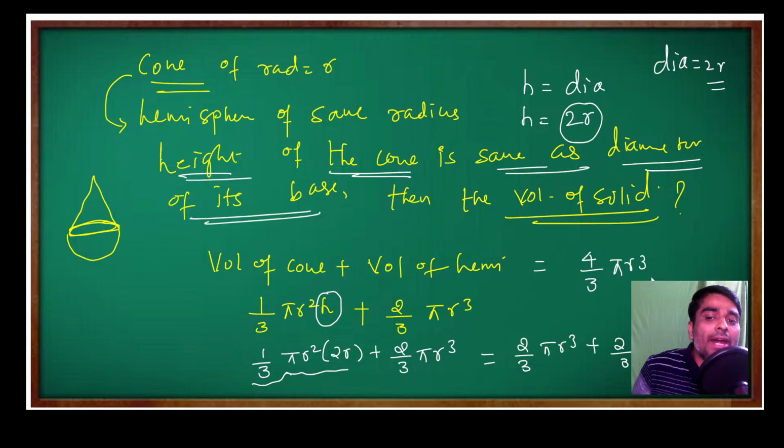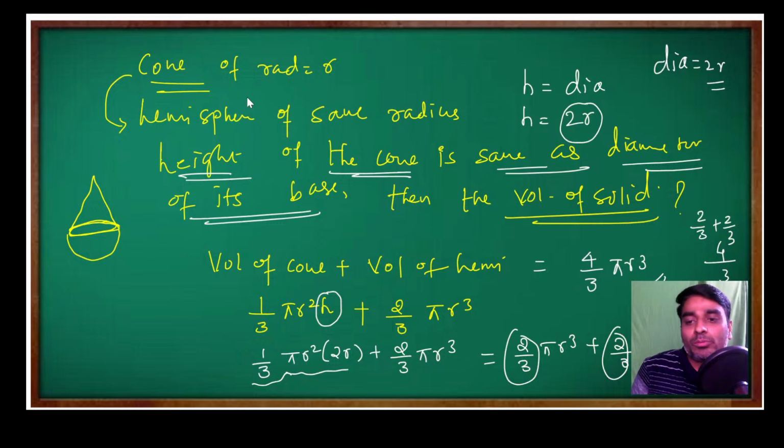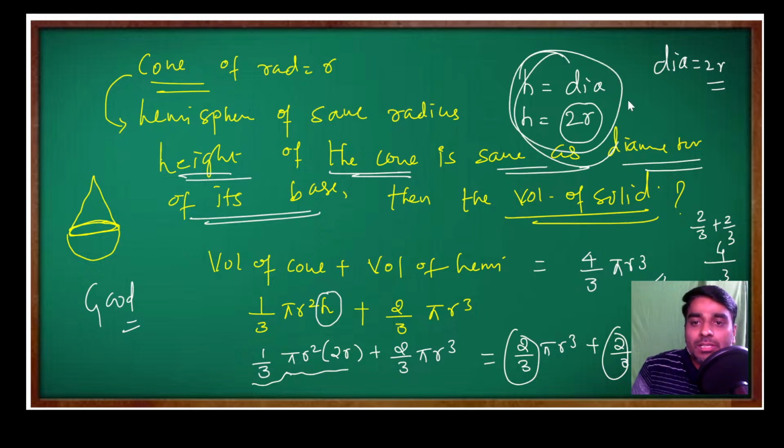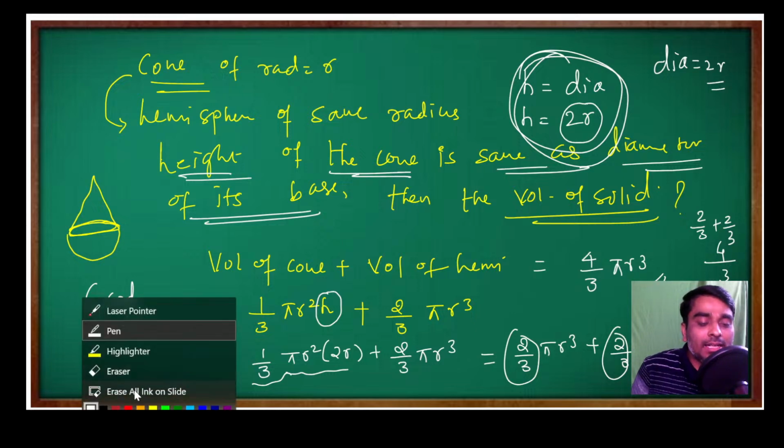I just need to add them. 2 by 3, 2 by 3 will be 4 by 3 pi r cube. This is a good question. Here is the twist: height equal to diameter he gave, and diameter should be 2 times the radius. Let's take the next one.